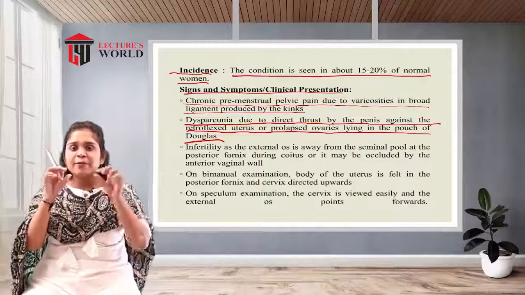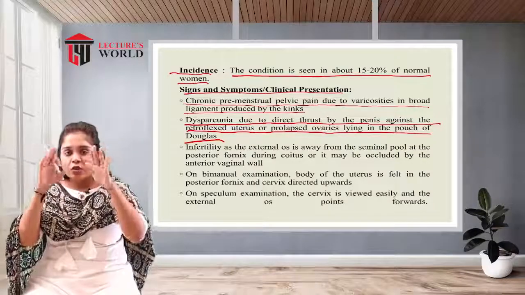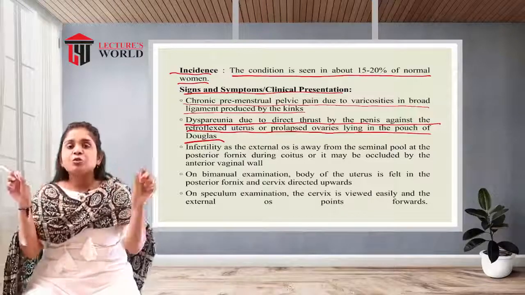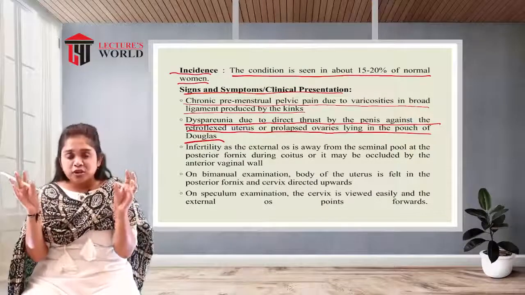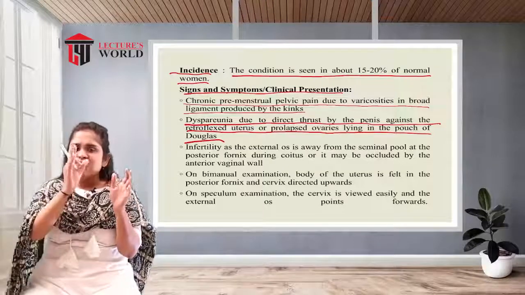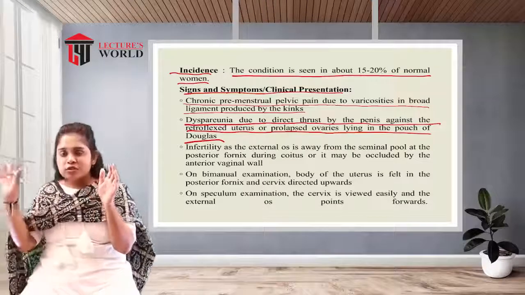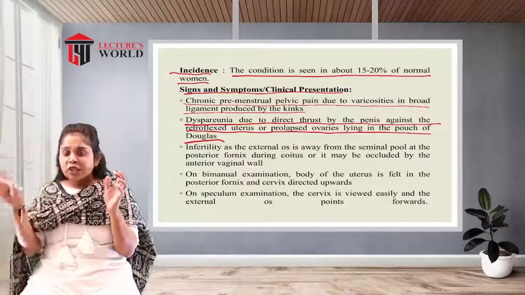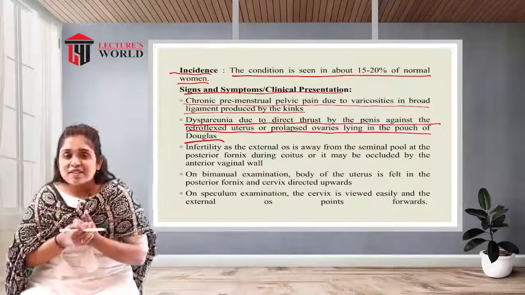Sometimes, when this displacement has happened, the uterus has the fallopian tube on either side, with the ovaries attached. If the uterus goes backward, of course the fallopian tubes and the ovaries come to the pouch of Douglas. Where is the pouch of Douglas?